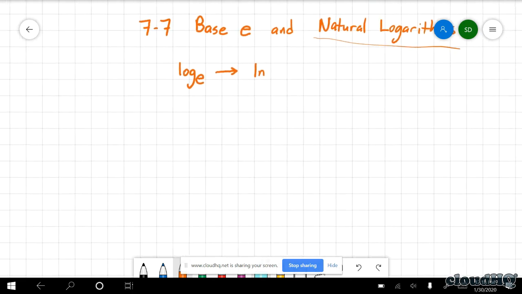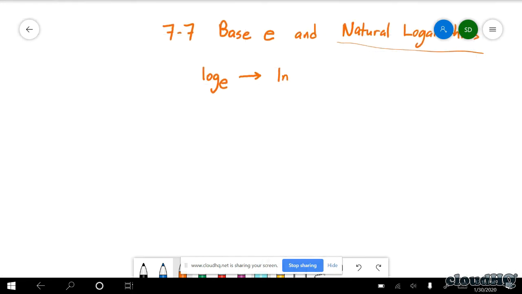So what is the number e? Well, e is an irrational number. We know some other irrational numbers. What are some irrational numbers? Pi. Pi is an irrational number that we symbolize with a Greek letter. The natural base e is another irrational number that we symbolize, but with one of our letters this time, e.